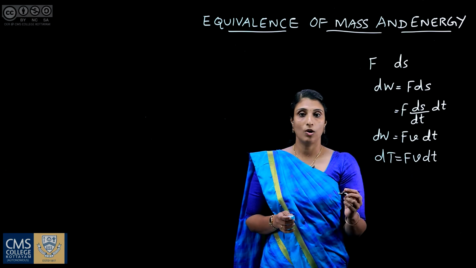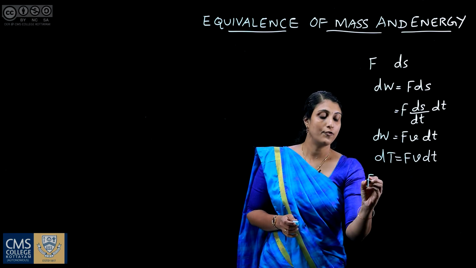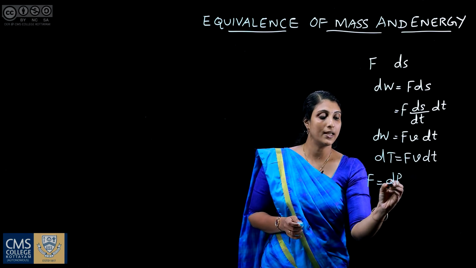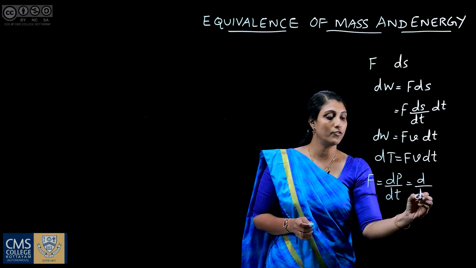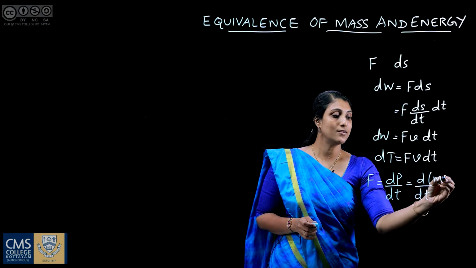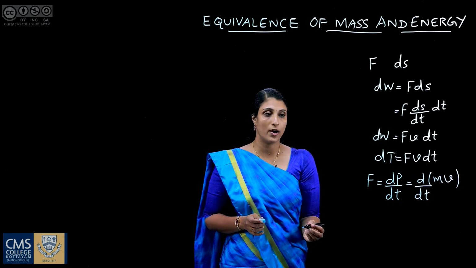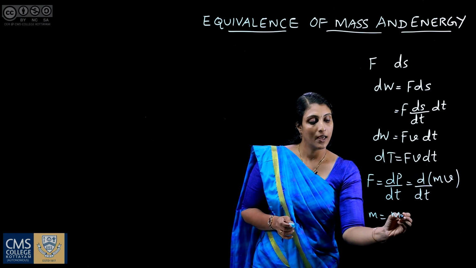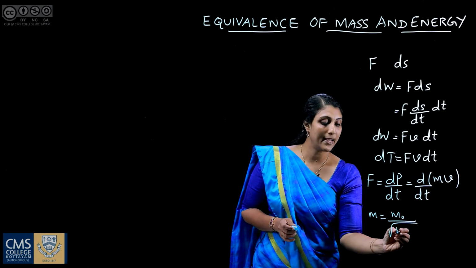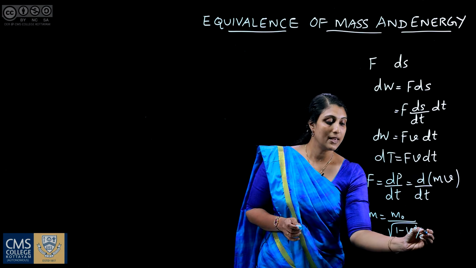By Newton's second law, we have F equals dp by dt, that is d by dt of mv. The relativistic form of Newton's second law is that m can be replaced by m0 by root of 1 minus v square by c square.